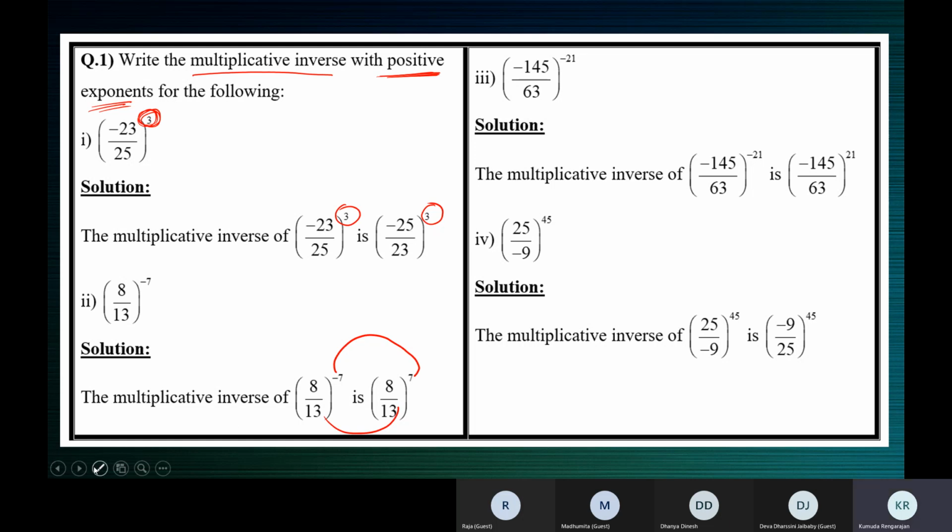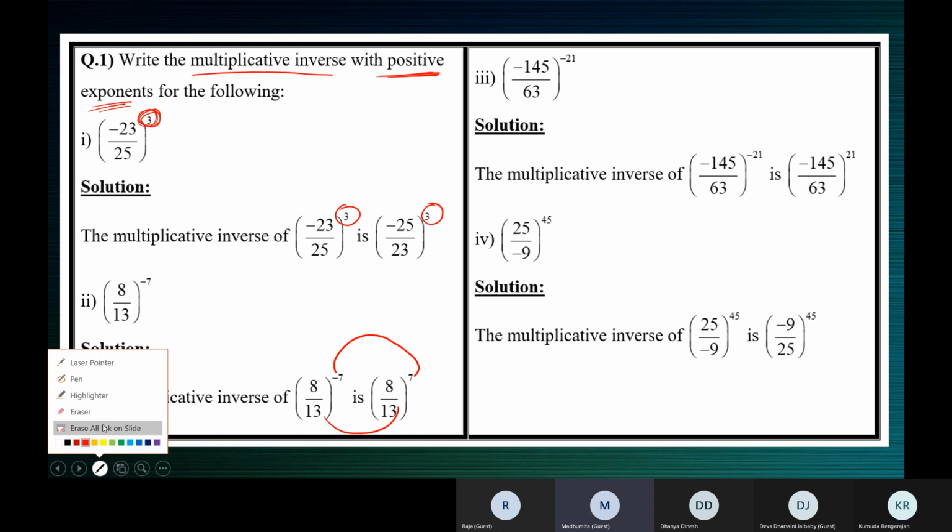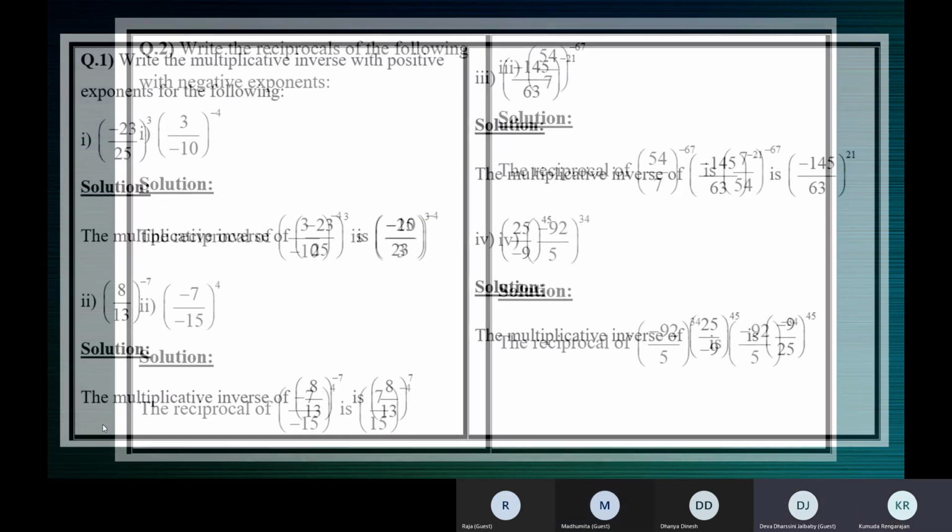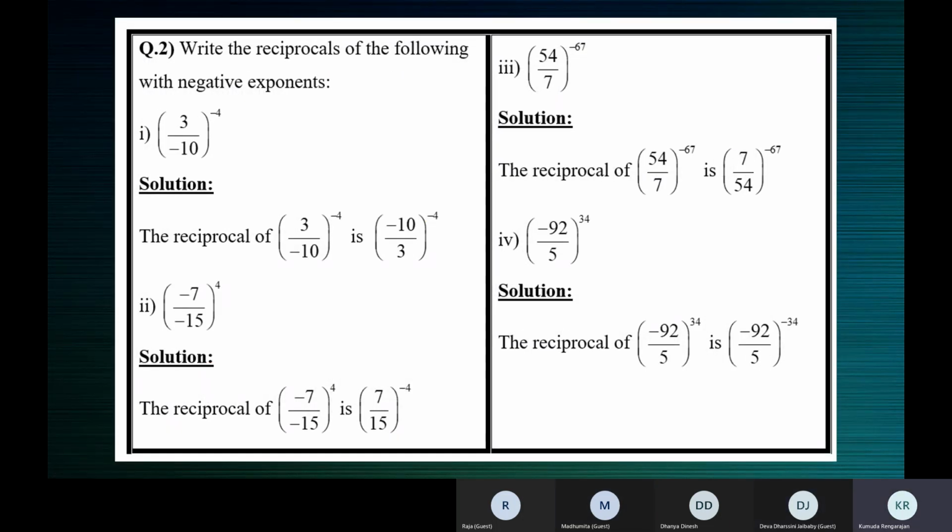Shall I take you to the next slide, children? Yes, ma'am. All right. Go through these. Write the reciprocals. Multiplicative inverse, reciprocal, both are the same. Here, write the reciprocals with negative exponents. So if the power is negative, write it as it is and change the base.